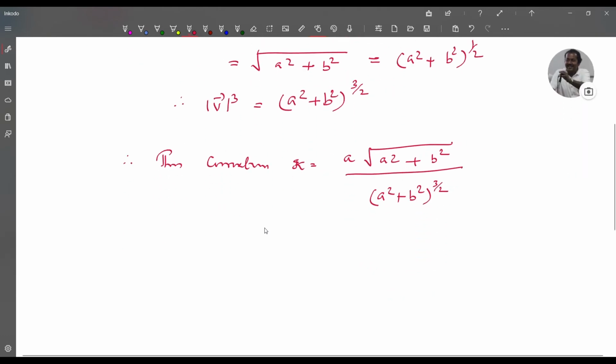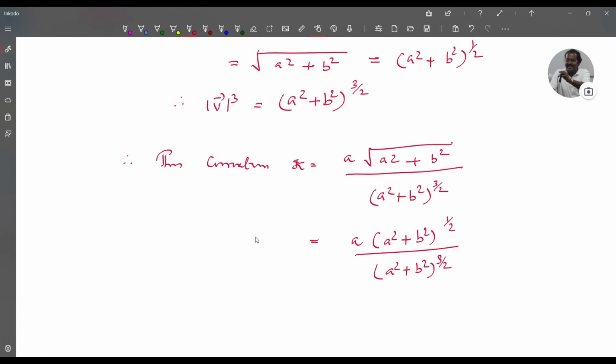So this is equal to a into a square plus b square the whole raised to 1 by 2, divided by a square plus b square the whole raised to 3 by 2.